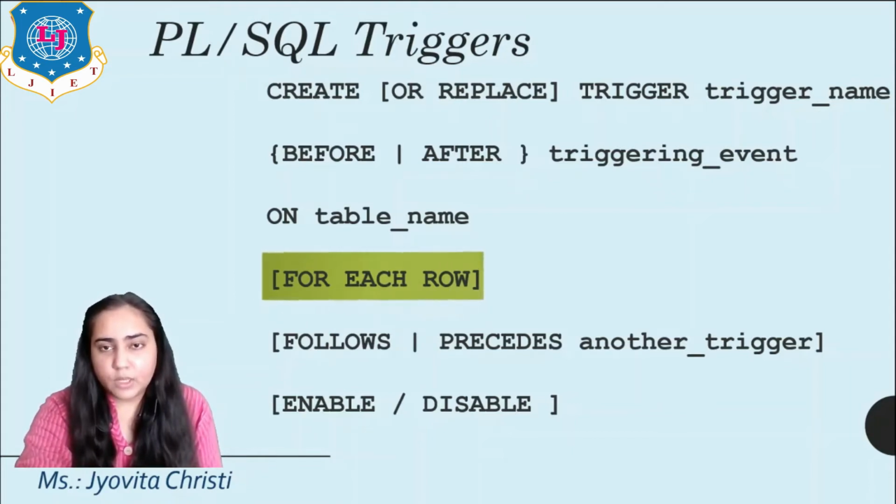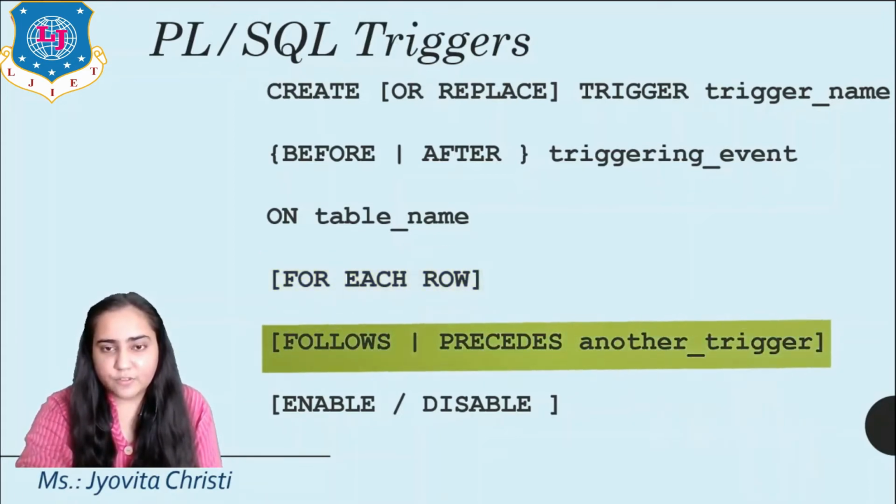For example, if I want to increase the salaries of all the people of a certain department, then only those rows where that department name occurs will get affected. So for each affected row, the trigger will execute. But you can also have a statement level trigger, which will get executed no matter how many rows are affected. And it will not execute per row, it will execute per statement that you write in SQL.